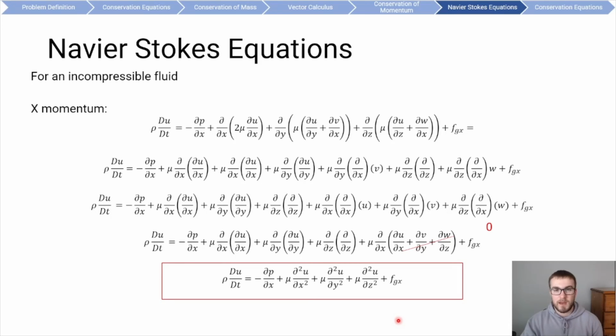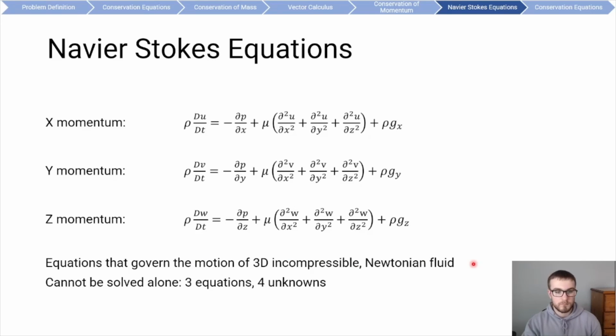I'll leave it as an exercise to the viewer to pause the video and look at the mathematics I've done to get from this expression down to this expression in red and determine that they are in fact equal. So when I make these simplifications in the x, y, and z directions, this is the final resulting set of equations, and these are the Navier Stokes equations which govern the motion of a 3D incompressible Newtonian fluid.